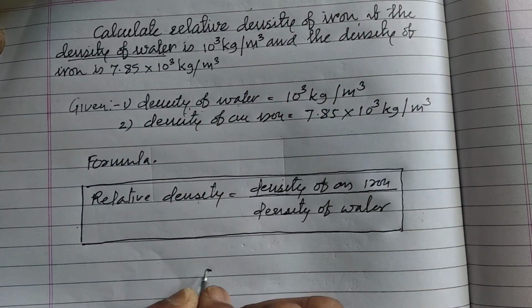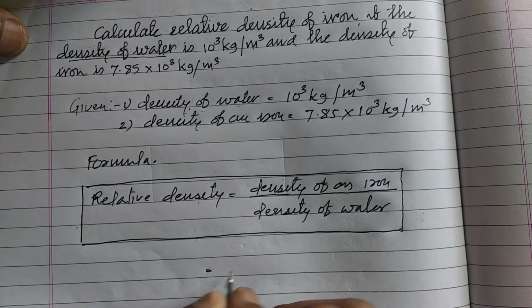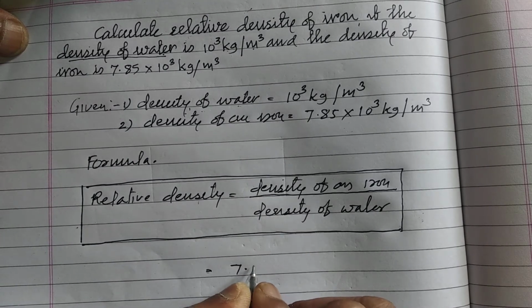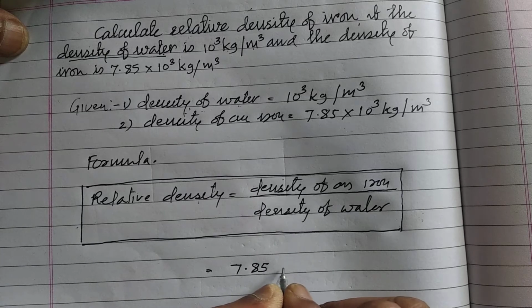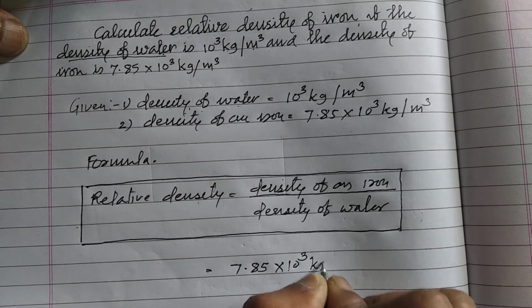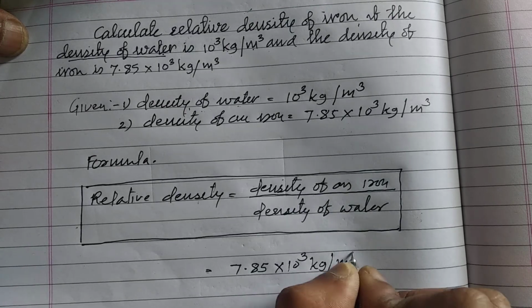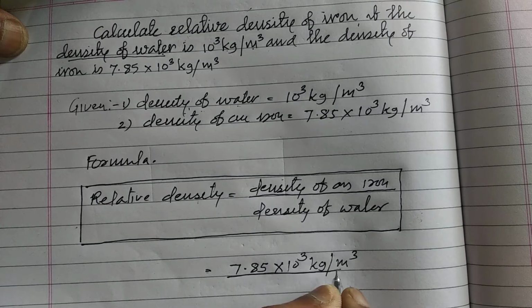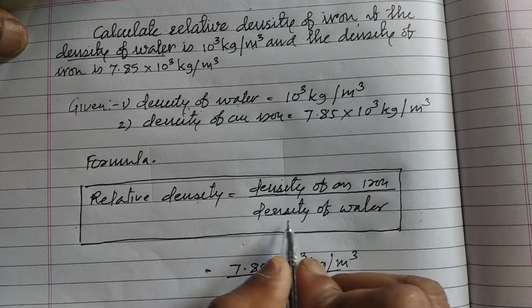So here the density of an ion is 7.85 multiplied by 10 raised to 3 kilogram per cubic meter, divided by the density of water.